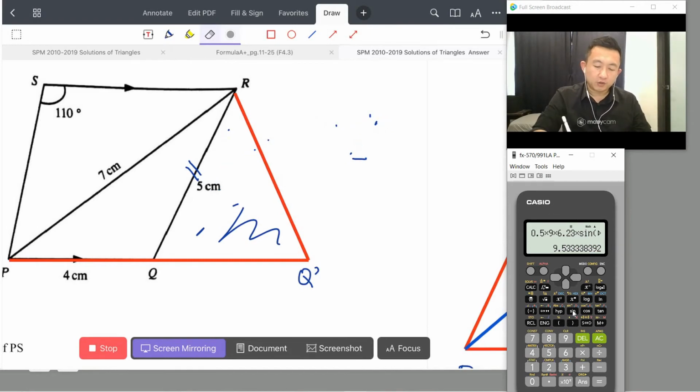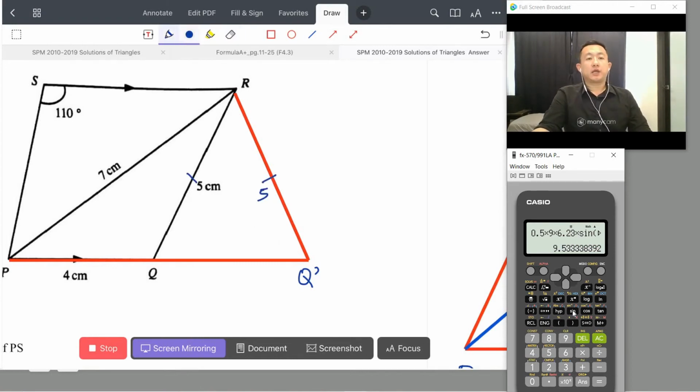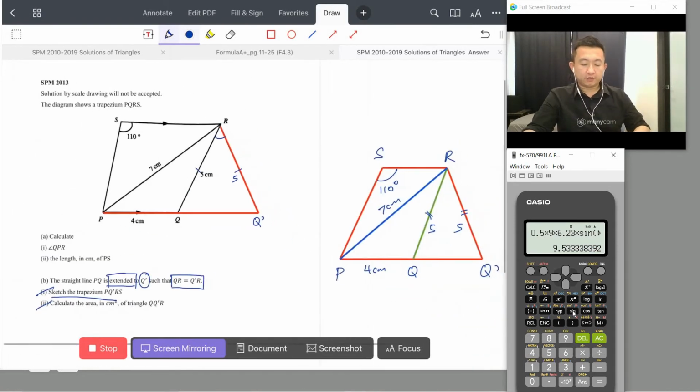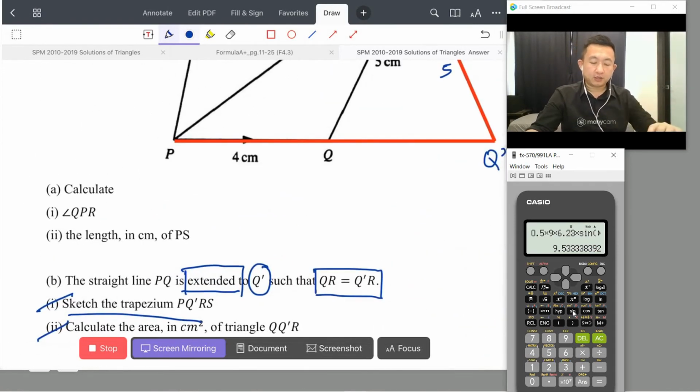So far what we know is two of the sides here. It is 5 cm, so this is 5, this will be 5 also. It will be best if we can find the angle here, then we can calculate the area. Is it possible? First look at the answer that we have.